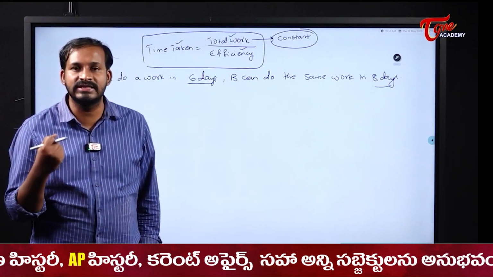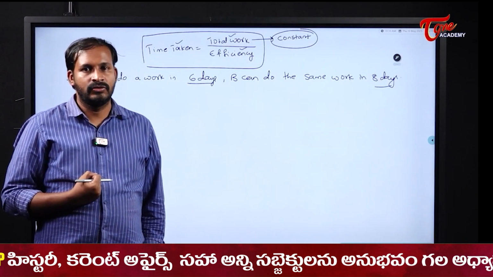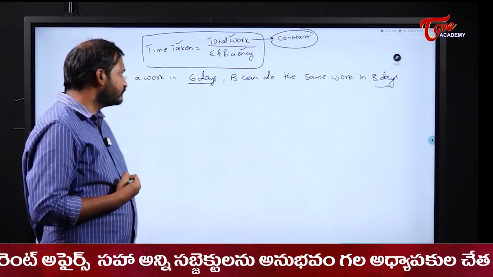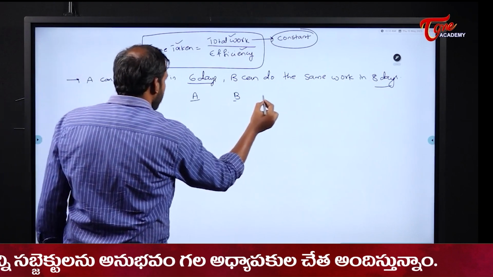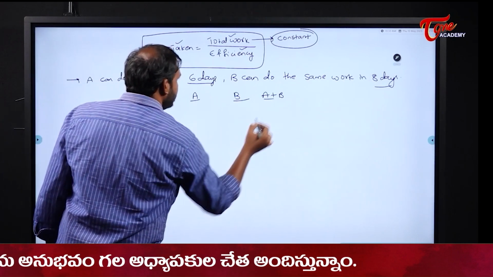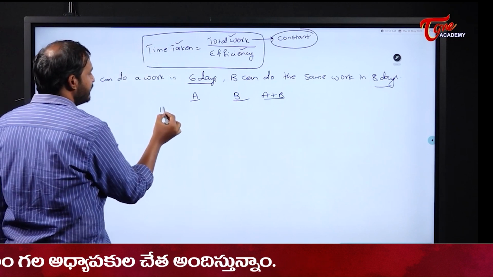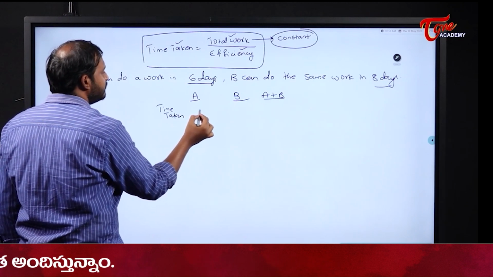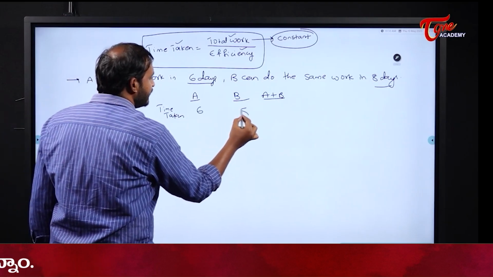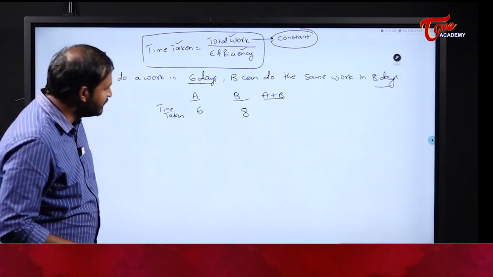Why? Because total work is a constant. Now, A plus B and time taken: A will take 6 days, B will take 8 days.